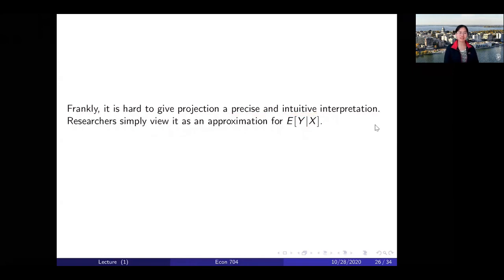It is actually quite hard to do so. In practice, we simply view a linear projection model as an approximation for the conditional mean model and actually interpret it pretending that it's a conditional mean model, but in the back of our mind, we acknowledge that this is a projection to the conditional mean model.